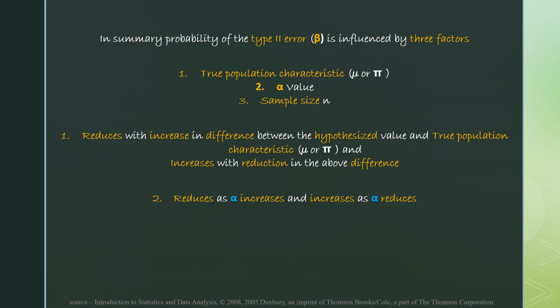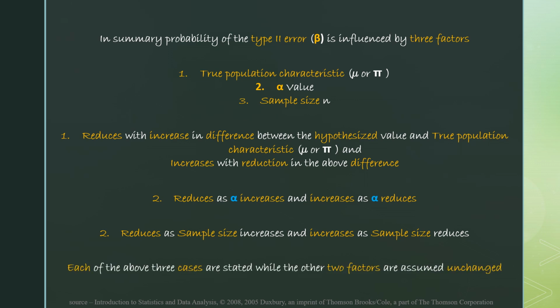It reduces as alpha increases and increases as alpha reduces. It reduces as sample size increases and increases as sample size reduces. Each of the above three cases are stated while the other two factors are assumed unchanged.